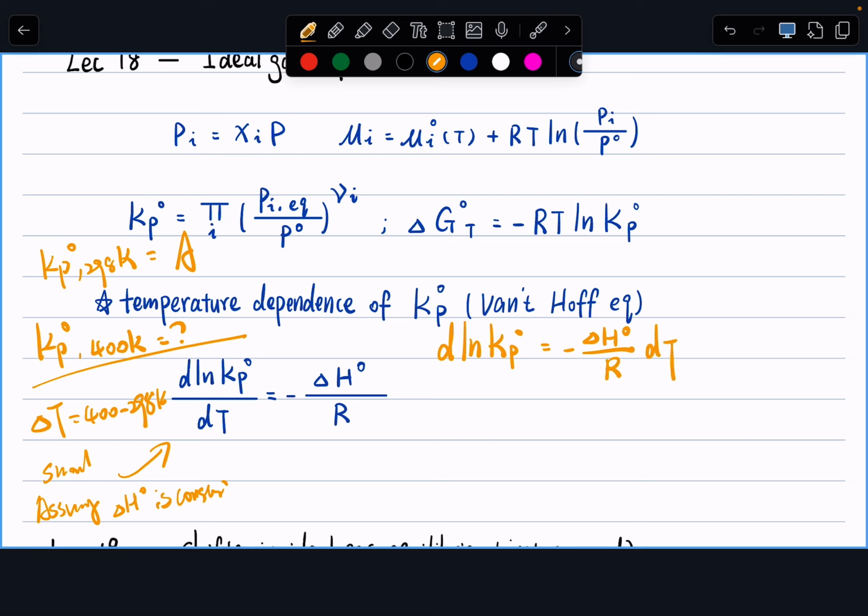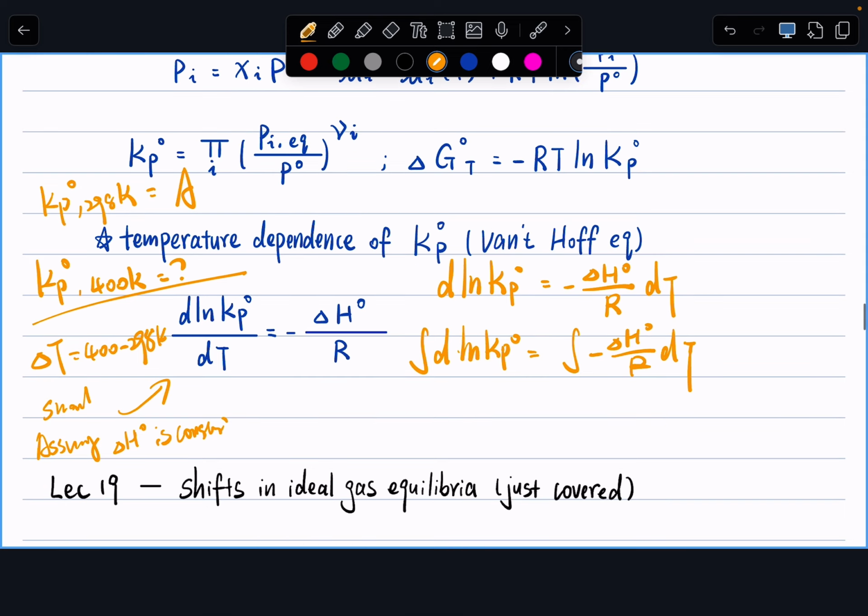Just move the dT to the right-hand side and then take the integration on both ends. You get the integration of negative delta H naught over R dT. Everything up to here is generally true; it doesn't matter how big your temperature change is. But in this specific case, my temperature change is small, so we can just assume my delta H naught is constant.